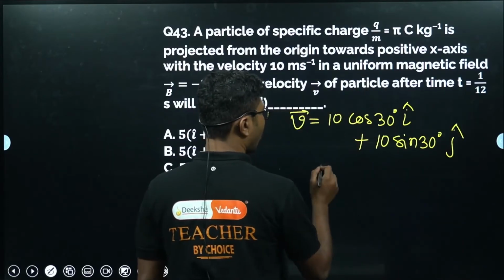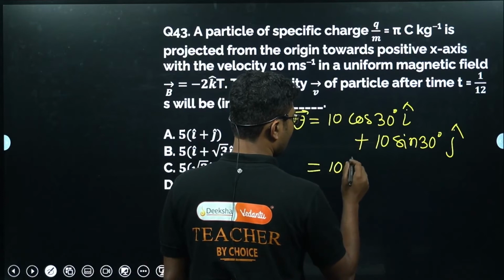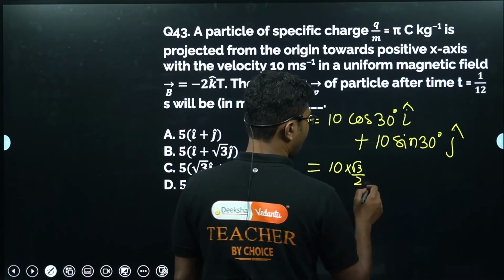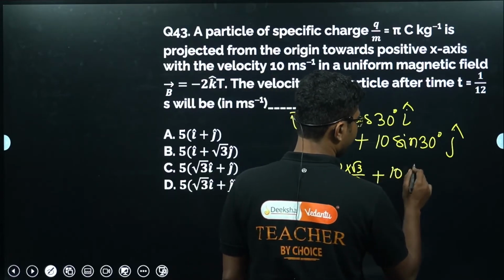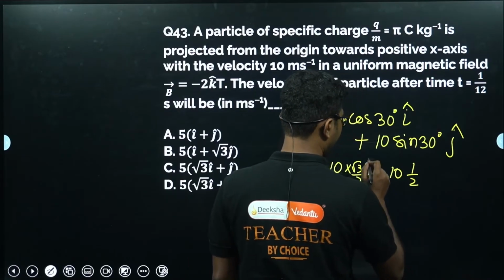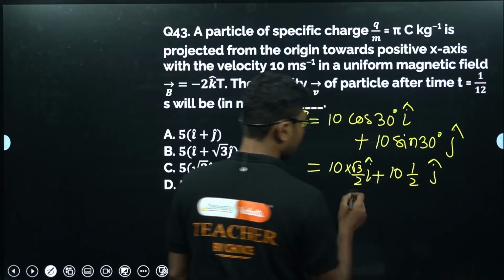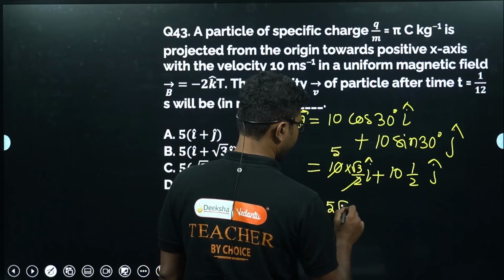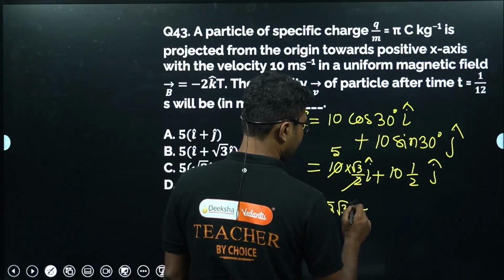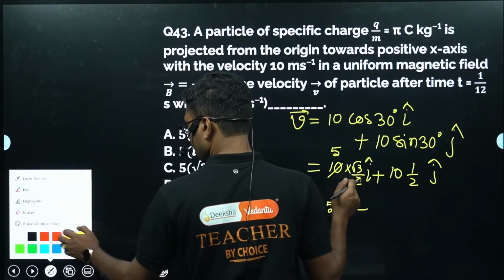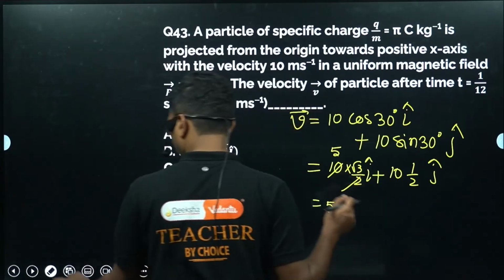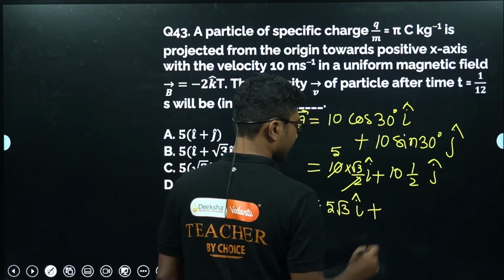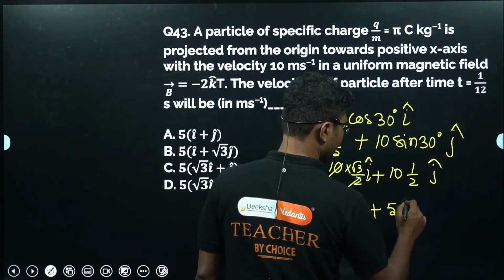Okay. So, cos 30 is root 3 by 2 and sine 30 is half. i cap, j cap, so 2 cancels, 5 root 3 i cap plus 5 j cap.